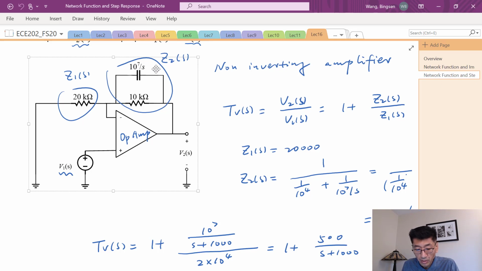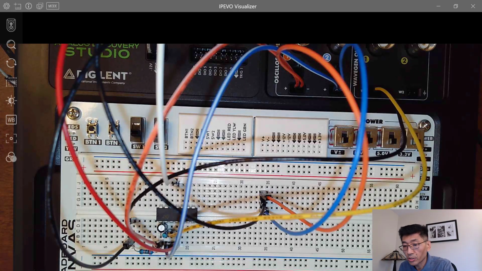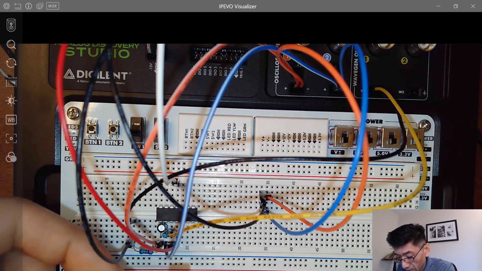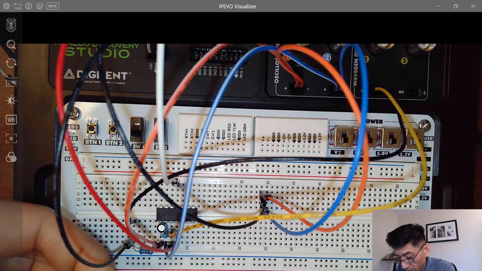It's a small capacitance, okay? And this little capacitor I'm using is what is called an electrolytic capacitor, and it's very small, so it's very hard to see and very hard to read.